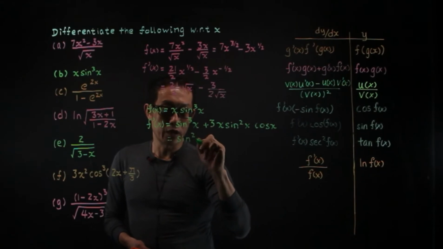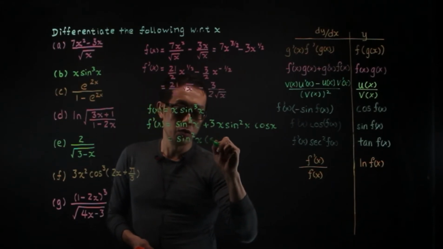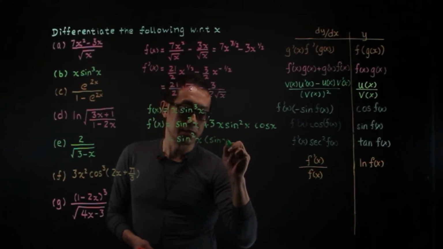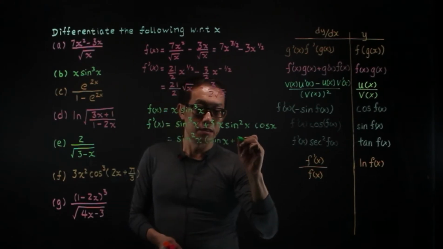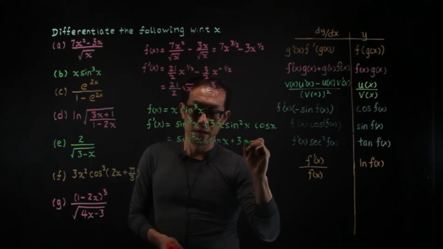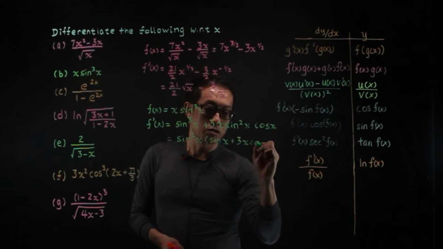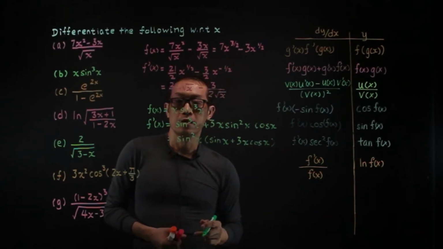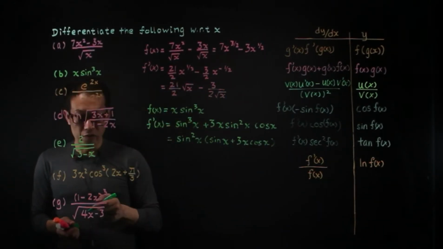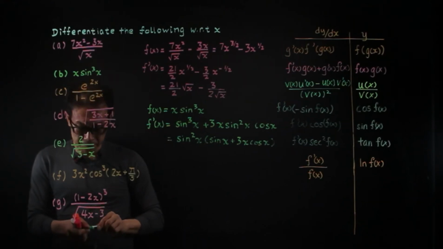So you got sine square x into sine x plus 3x cos x. Okay. Now let's move on to C.